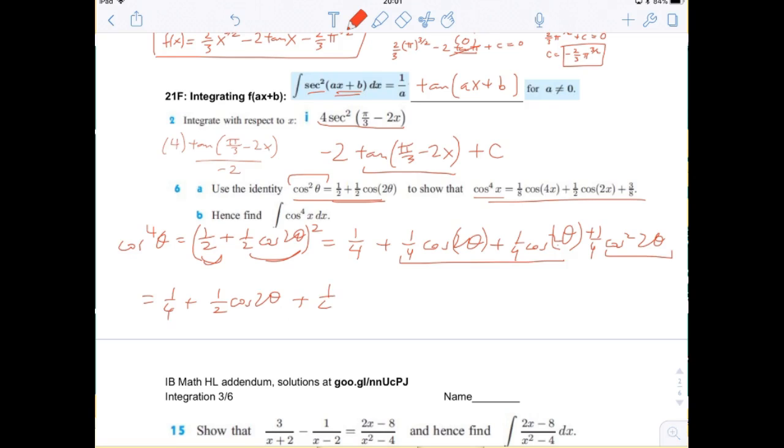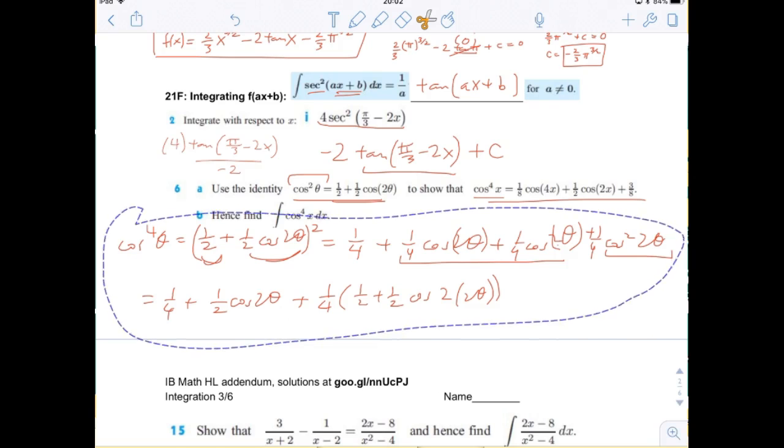I could put 1/4, and I'm going to put cosine squared 2 theta, and so I'm going to put 1/2 plus 1/2 cosine 2 theta, which is going to end up being 4 theta, right? So I think I wrote this way too big, because not too much space left.